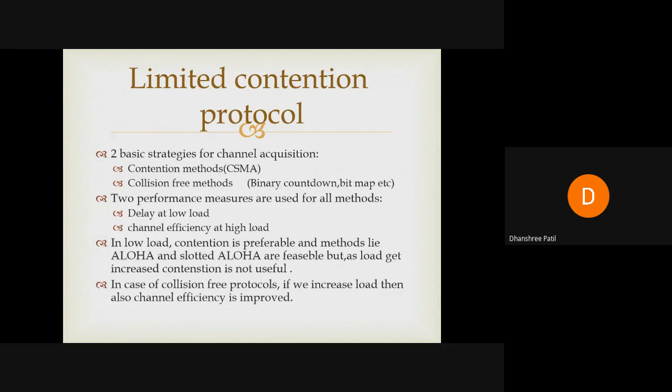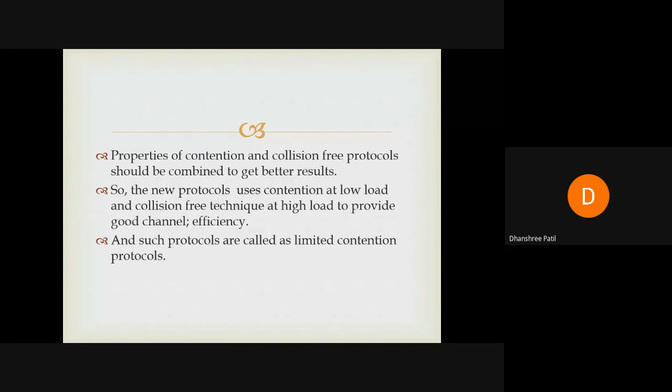If the stations are increased or the load is high, in that case maybe these protocols will not work properly. To improve the performance, the properties of all these protocols are combined together, and such protocols are called limited contention protocols.